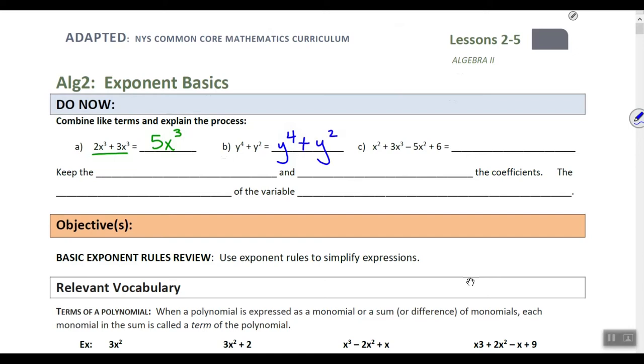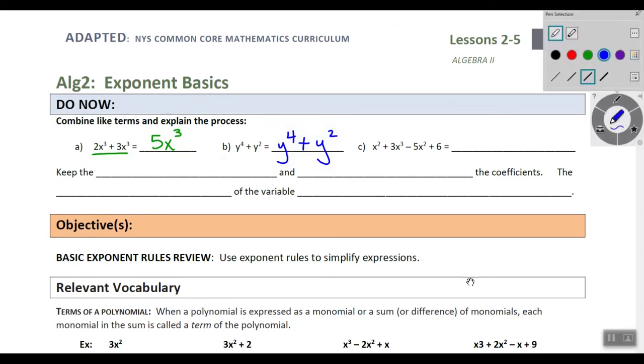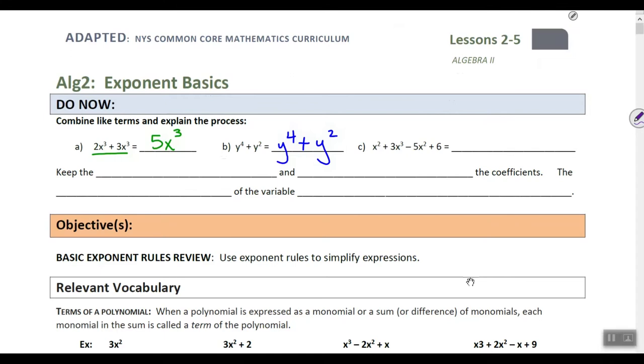All right, x squared minus 3x cubed minus 5x squared plus 6. Okay, well, are there any like terms? Well, I see I have an x squared here and a negative 5x squared there. Those have the same variable, the same exponent, so they're like terms.